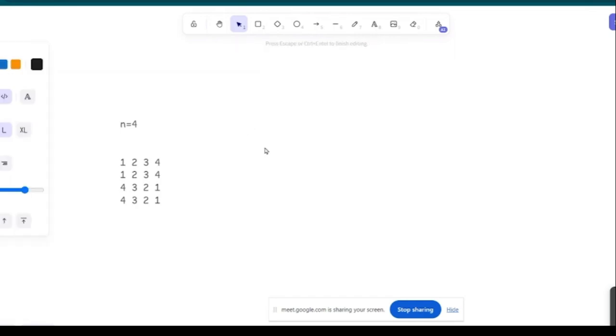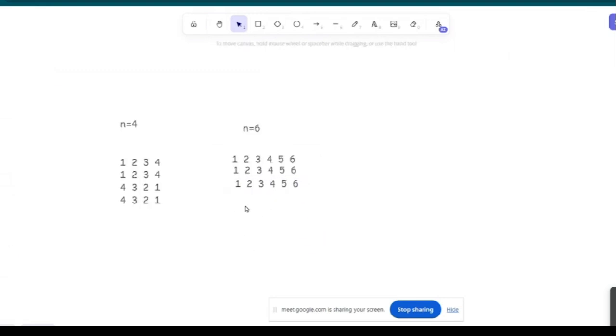If n equals 6, 1 2 3 4 5 6. And the remaining n by 2 times I am printing n to 1.